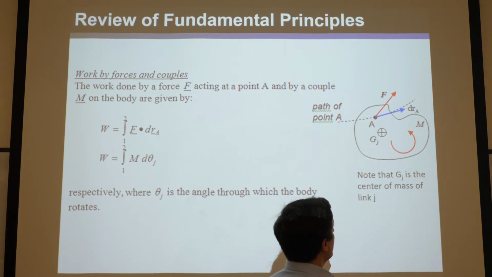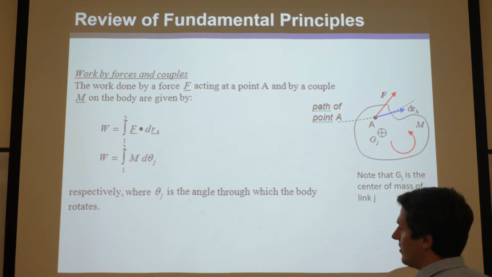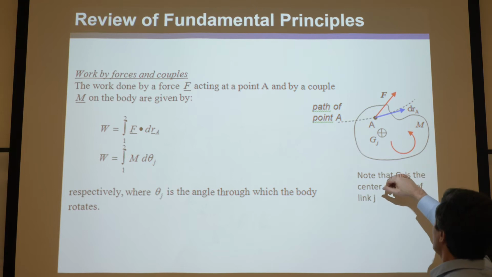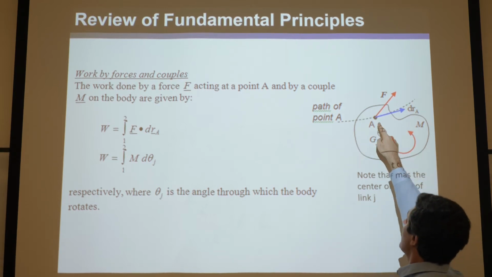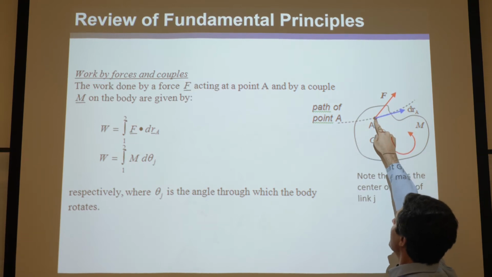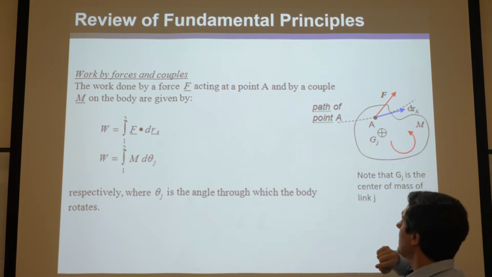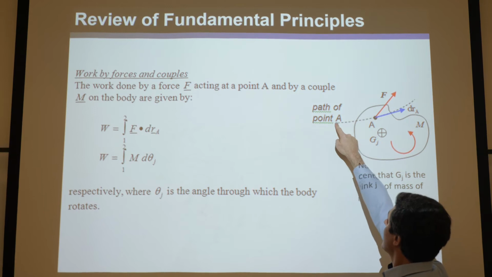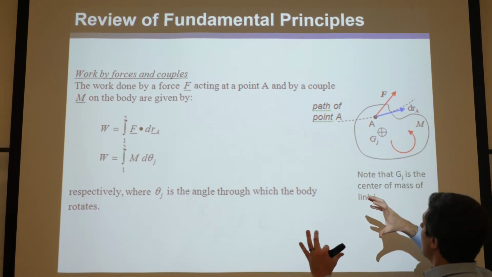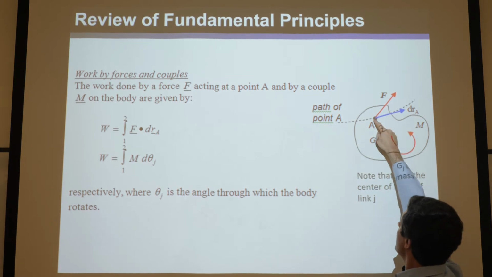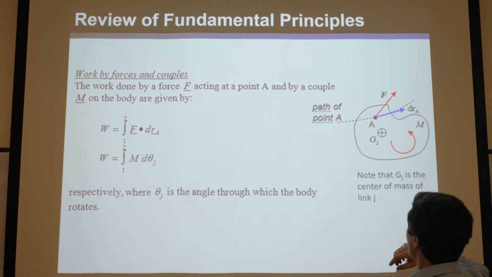So that's a point of interest that represents the whole mass of the potato. This body has a moment on it, and we see a force is applied at this point A. And apparently this is the path of A, so we know that the potato is moving along this path, or at least that point A on the potato is moving along that path.